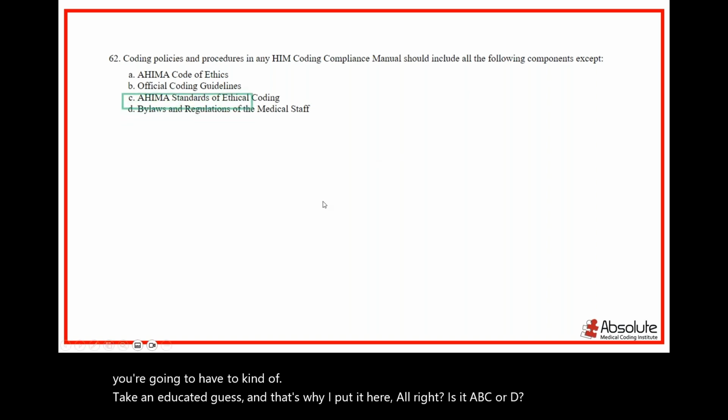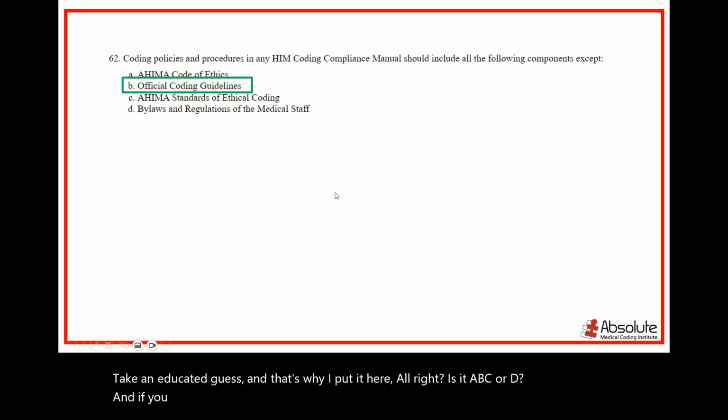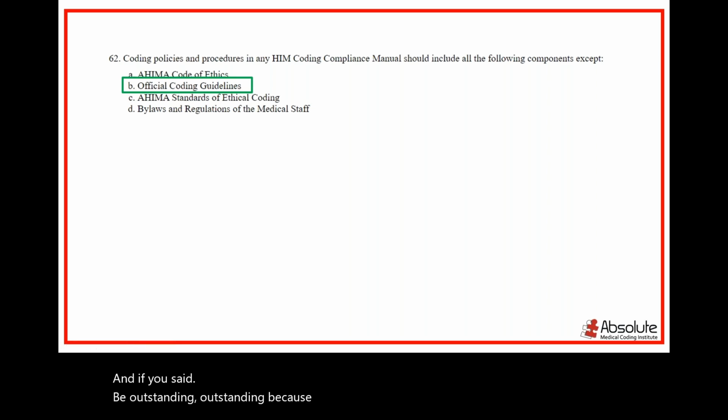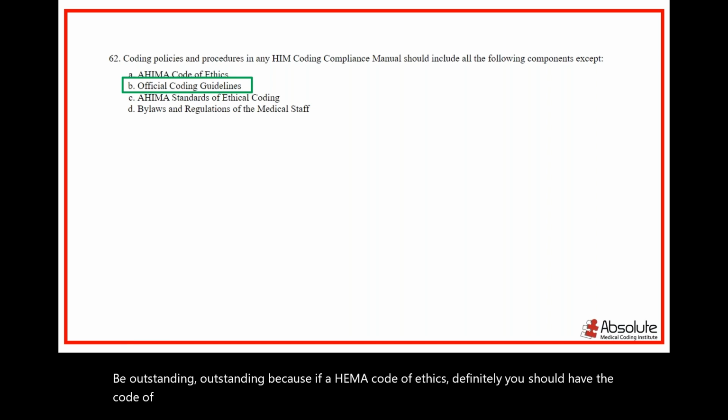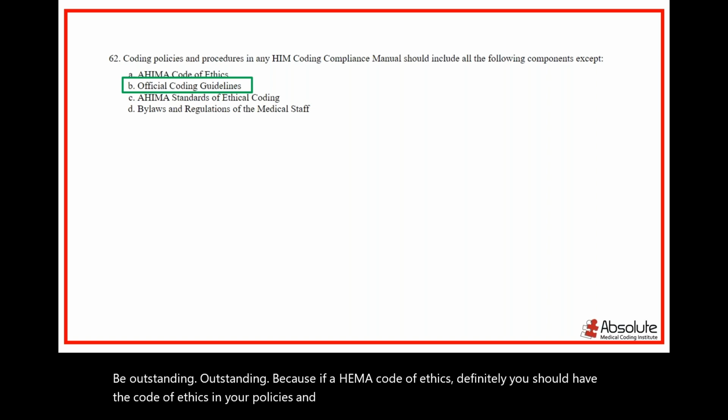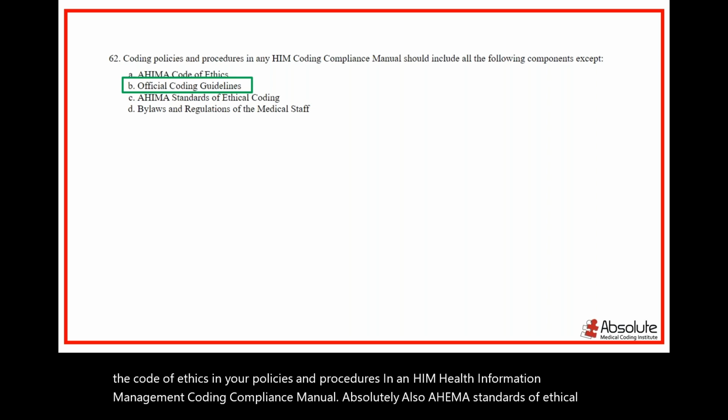And if you said B, outstanding, because if A, AHIMA Code of Ethics, definitely you should have the Code of Ethics in your policies and procedures in an HIM, Health Information Management Coding Compliance Manual, absolutely. Also, AHIMA Standards of Ethical Coding, absolutely.